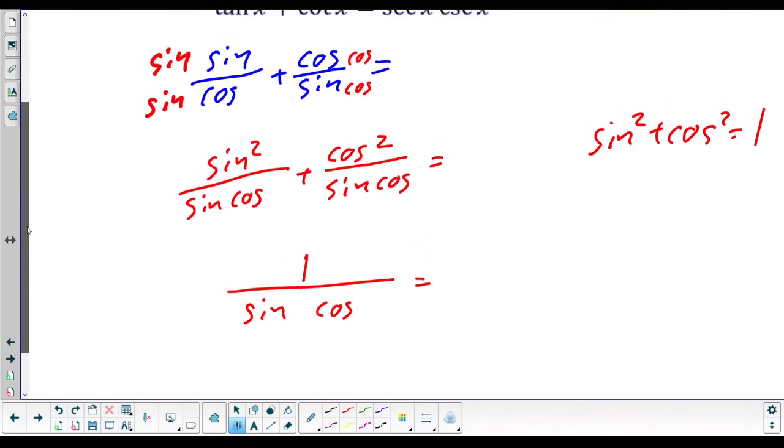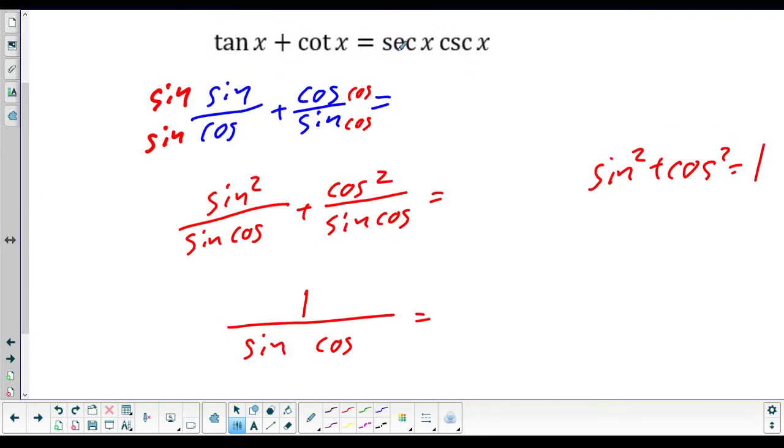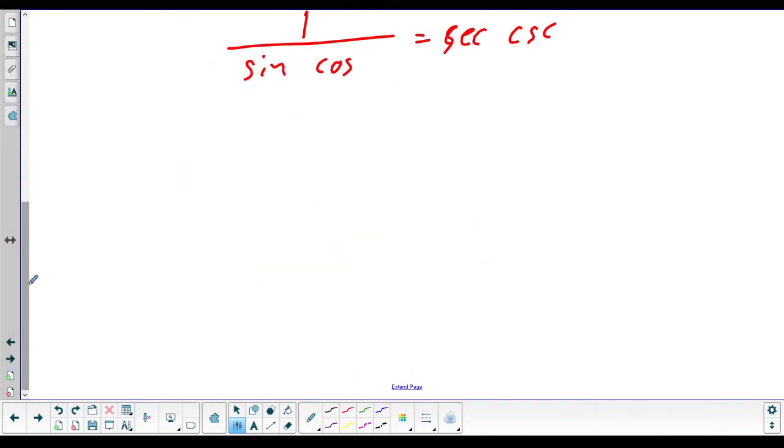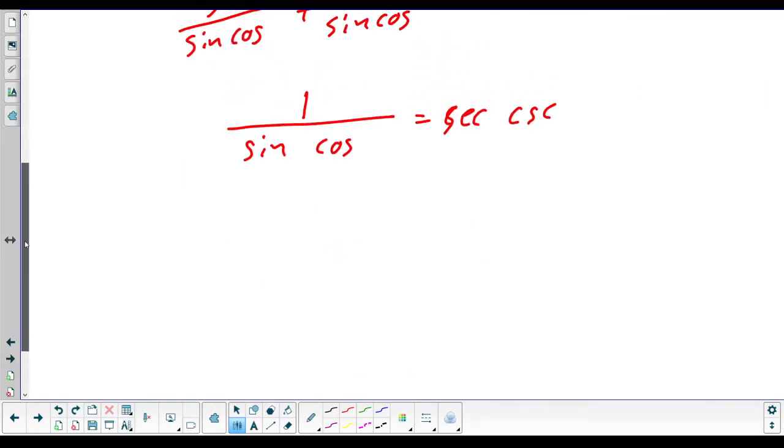Okay. Here's where we need to care about the stuff. We need secant and cosecant. Hang on. Secant and cosecant. This is just a thing of fractions. I understand that you guys are all terrified of fractions. You're as scared of fractions as you are of talking to that boy or girl you like. Let me explain fractions to you real quick.